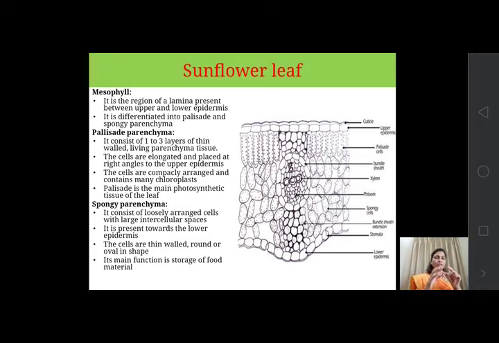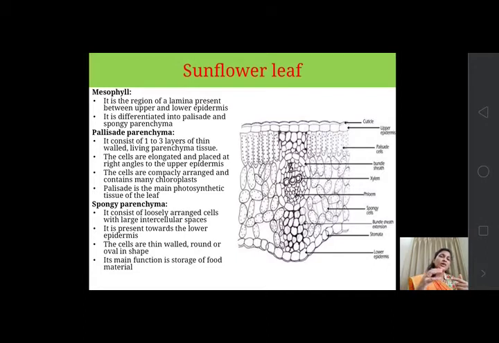You only focus on the mesophyll tissue now. Because we are discussing the mesophyll tissue, you can see these two types of tissues in the figure. The palisade parenchymatous tissues are elongated, columnar in shape, compactly arranged and thin walled, present at right angles to the upper epidermis.